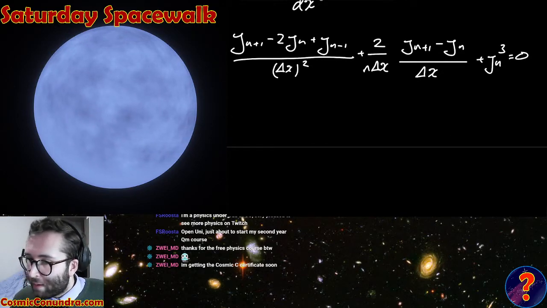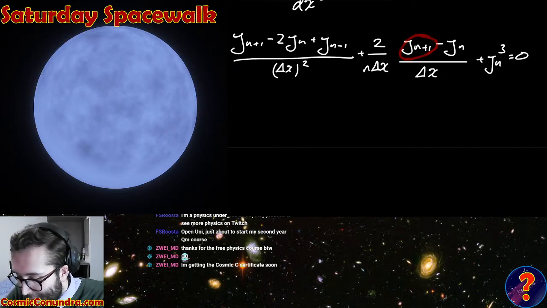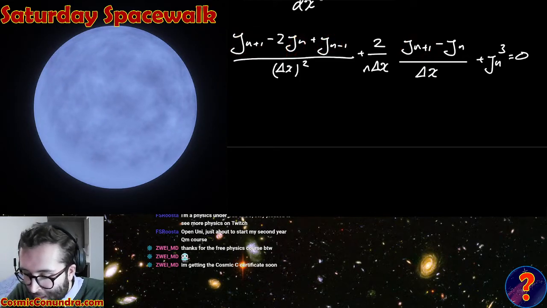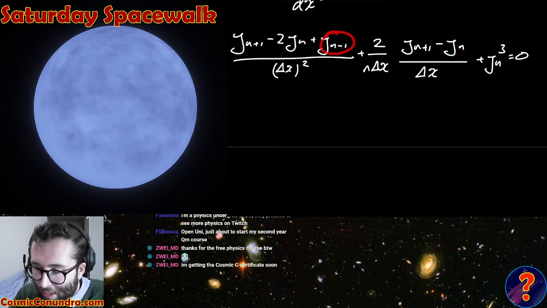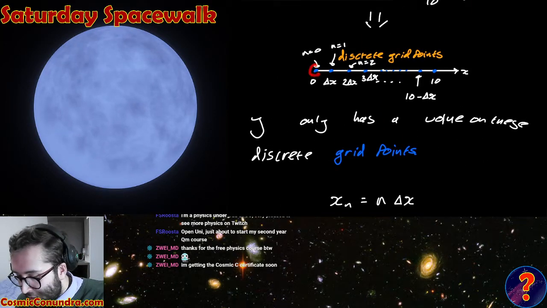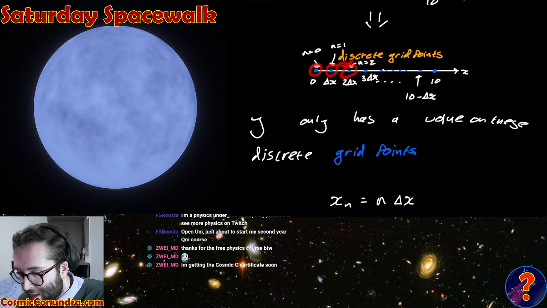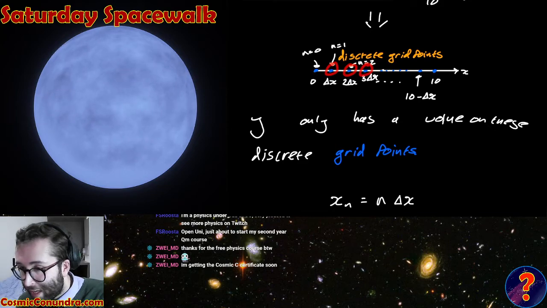And what can we do now? So now what we'd like to do is rearrange for yn plus 1 in terms of yn and yn minus 1. Because then, if we know yn and we know yn minus 1, we can always find yn plus 1. So if you think about these grid points, we can always use the 0 grid point and the 1 grid point, and those two will tell us the 2 grid point. Then after that, we can use the 1 grid point and the 2 grid point to tell us the 3 grid point.